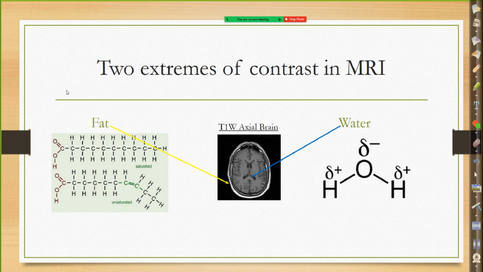And then just look at what the molecule looks like. Here we have a saturated or unsaturated fat, a very large molecule, and then water, just H2O, right? It's polarized, where one side is more positive than the other, and it just has 3 atoms.